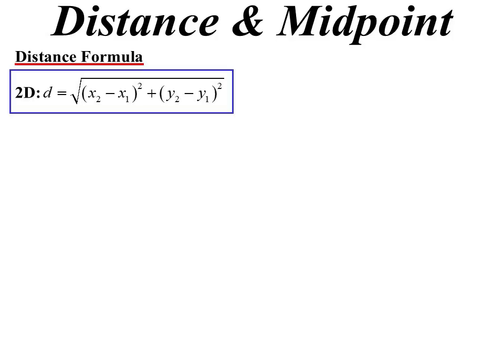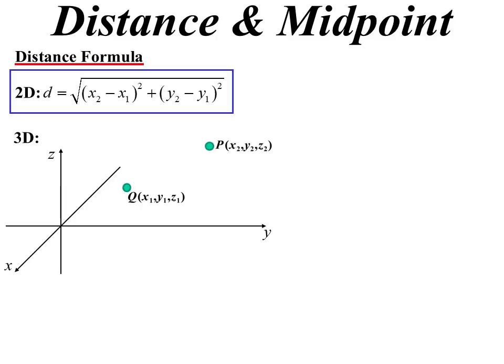A couple of our very common formulas that we work with in coordinate geometry. Distance and midpoint. Distance formula in 2 dimensions we know is this. Well, what happens in 3 dimensions? If I now grab 2 points sitting in 3 dimensions, I want to find the distance between those points. Okay, again, I'll just draw a rectangular prism so I can get a feel for it. What we're really saying is, what's the length of the diagonal of that prism?